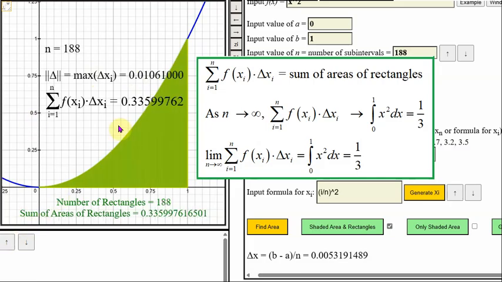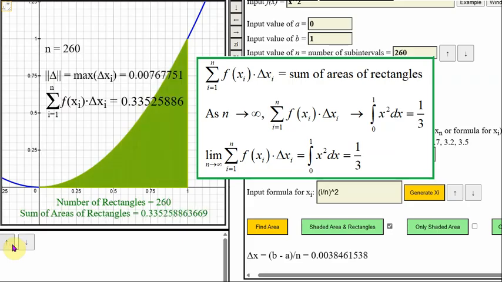And so when n is 200, the largest width will be 0.0099. The largest width is denoted by this symbol right here, which is called the norm of a partition. And we can see that as n gets larger and larger, the sum of the areas of the rectangles moves closer and closer to the exact area.